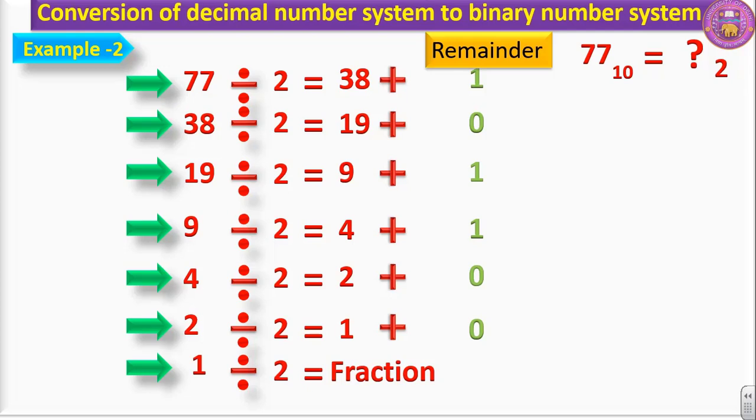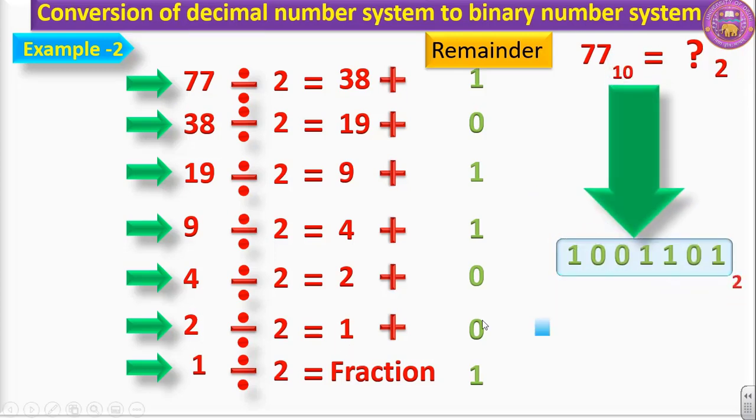Now the value of 77 decimal number system, base is 10. Its binary equivalent is, from the bottom we will move upward and we will write it like this: 1 0 0 1 1 0 1.